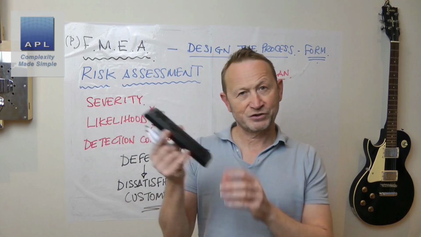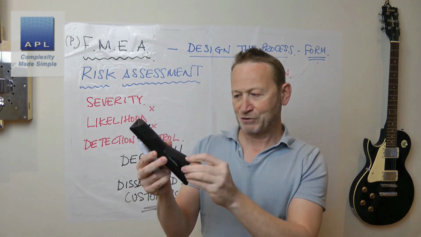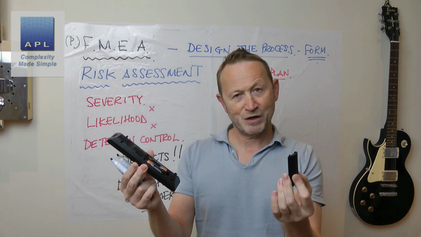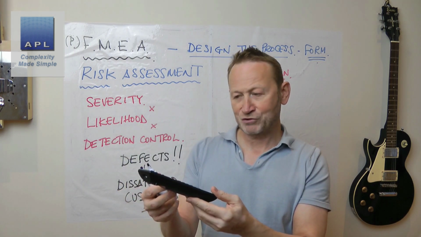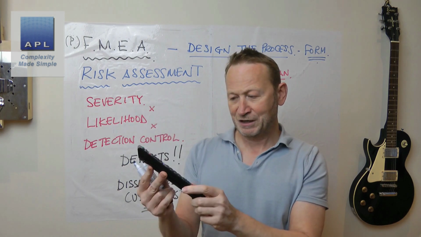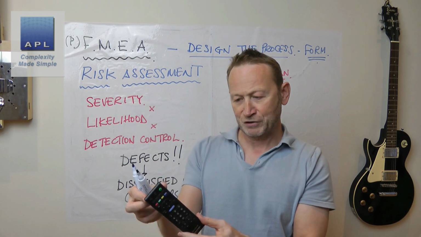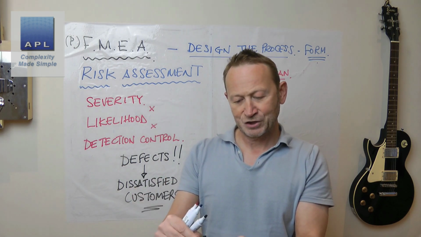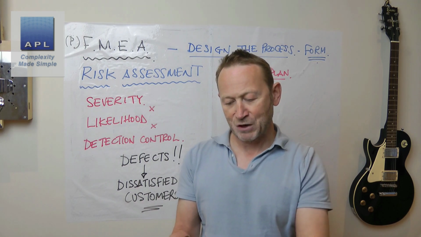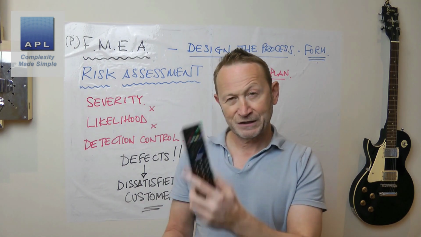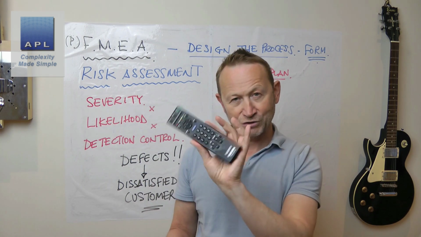So here's the product that we're going to use as our little FMEA example. Imagine you're setting up a production line to make a remote control for a television. You've obviously got to make the electronics, mold the front, mold the back, mold the battery cover, maybe mold the rubber buttons, then assemble the whole thing, and then it's got to work.